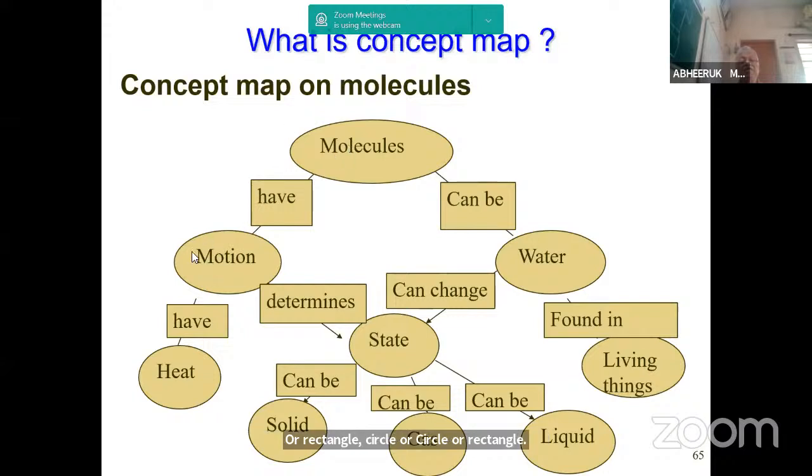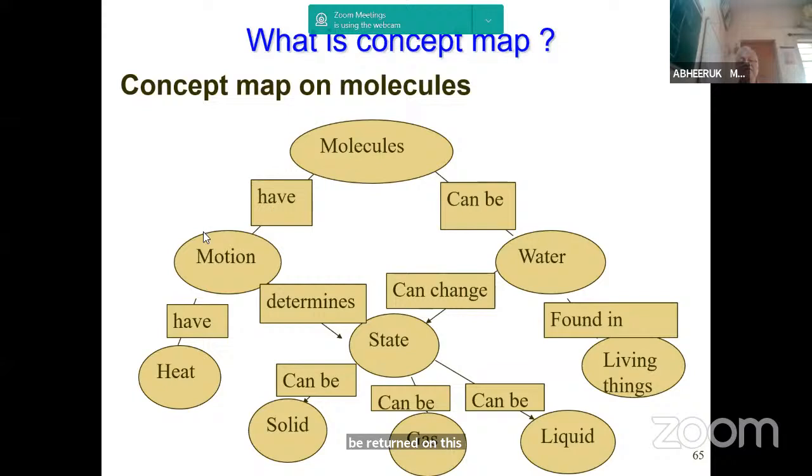Okay, these are the concepts. Molecules, motion, heat. Molecules, water, living things. Then water, state. This is a concept. Solid, gas, liquid. And these are all connectors. Connectors should be written on the line. It is not correct the way I have done. The words like 'can be' should be written on the line.